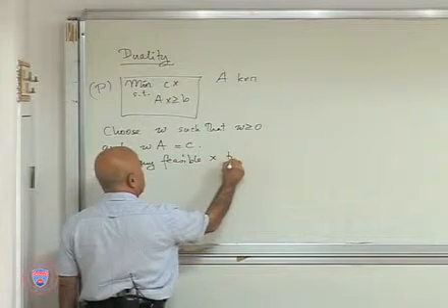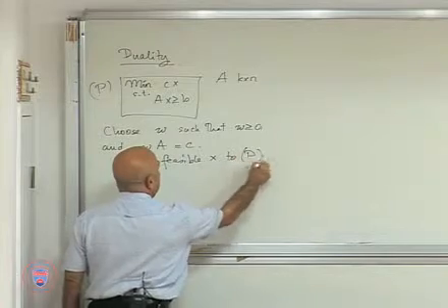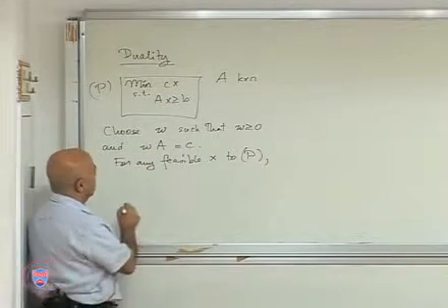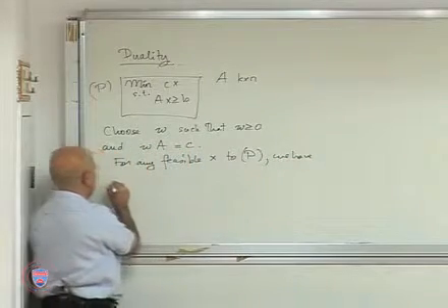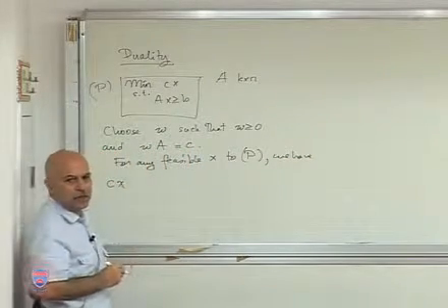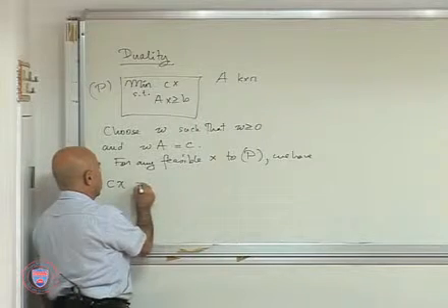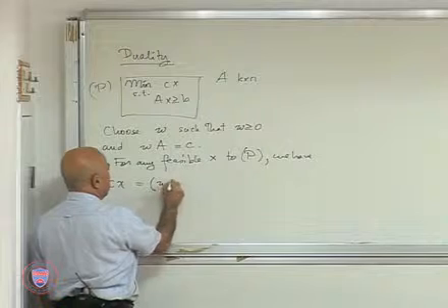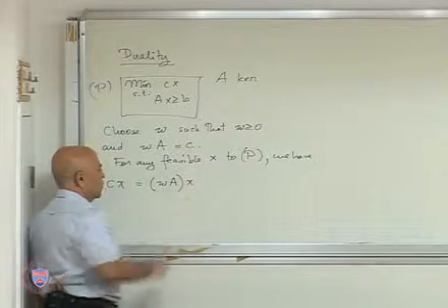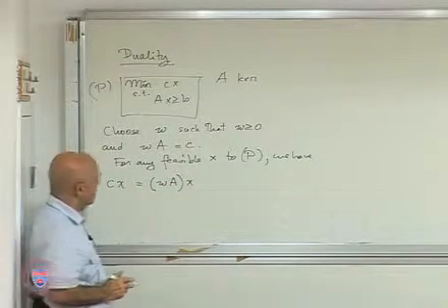Okay? So if you do this, then for any feasible x to the primal problem, we have the following. We have the objective value, Cx. But because of our choice of W, C is actually WA, times x.